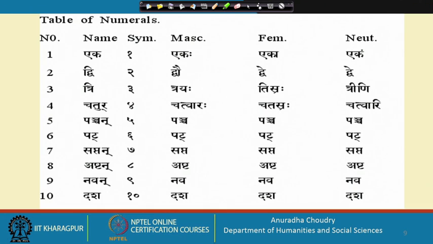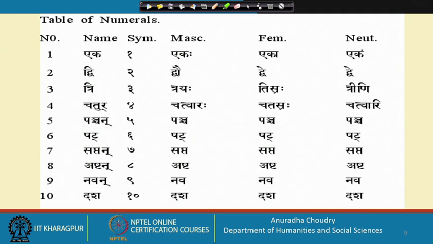So, as you can see, the ekam, dve, trini, chatvari, pancha, shat, sapta, ashta, nava, dasha. And you would also probably recognize these numerals from the way the numbers are written in many of your regional languages, for the Indians at least. And then we have in the next three columns the way in which these numbers undergo certain transformations depending on the gender of the word.